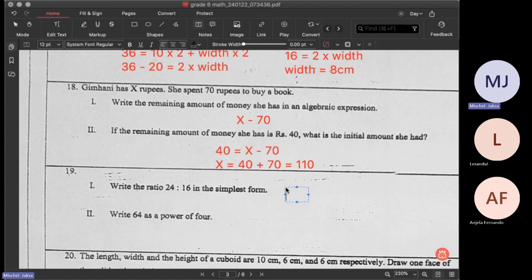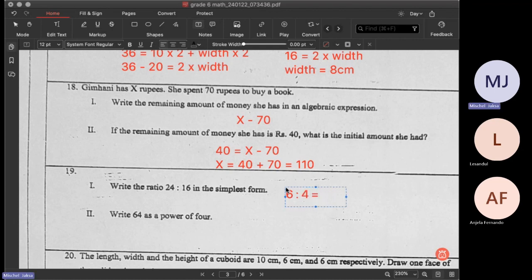Okay, write the ratio 24 to 16 in the simplest form. In order to get the simplest form, what is the number that we can divide these two by? We can divide it by 4. Let's see. If we divide it by 4, we get 6 and 4.